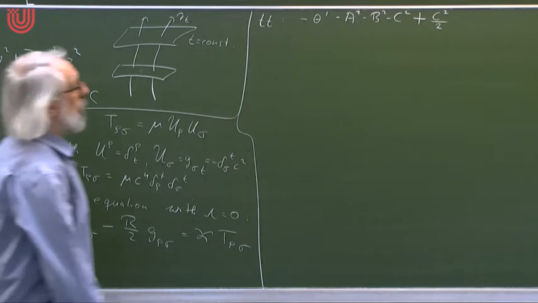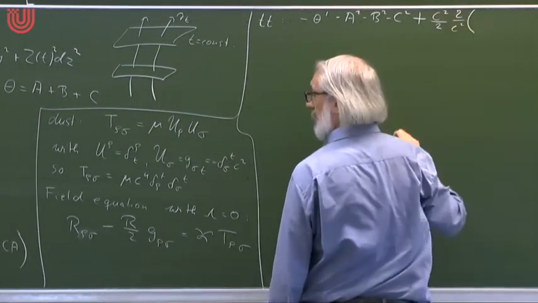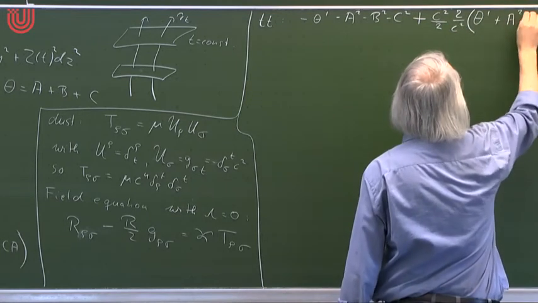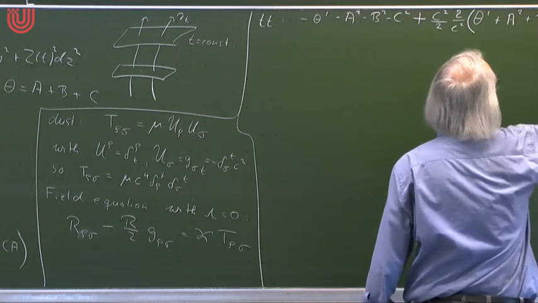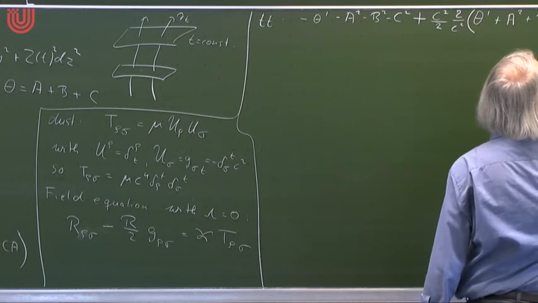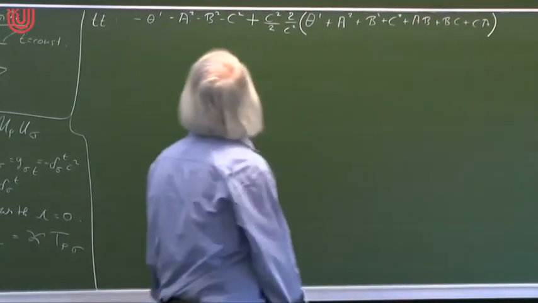It begins with a 2 over c squared, which is very convenient. And then theta prime plus a squared plus b squared plus c squared plus ab plus bc plus ca. That's the left-hand side.